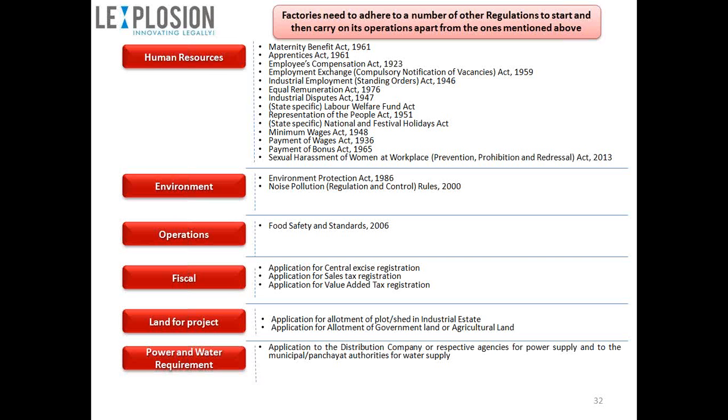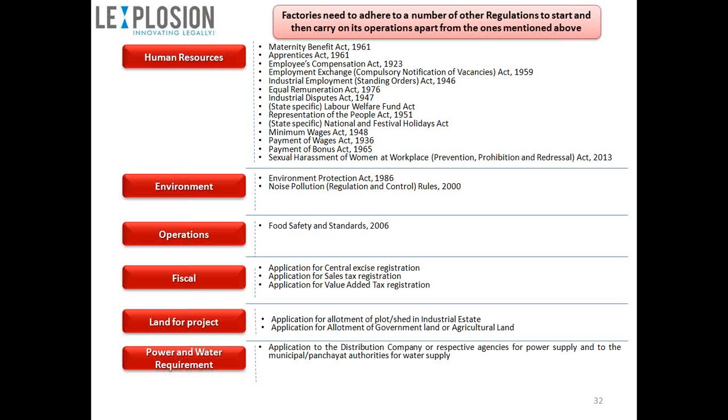You will also need to take care of the various compliances in terms of maintenance of registers, and the periodic filings you will have to do under the enactment, because all this will also include stringent penalties for non-compliance.